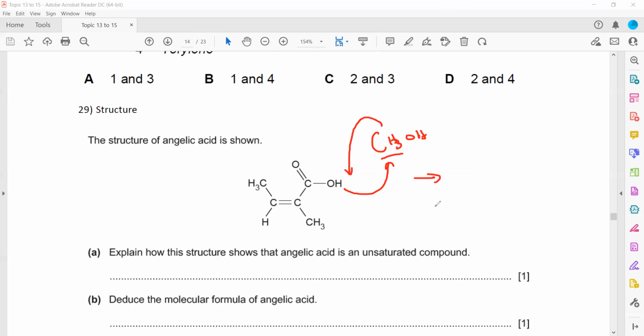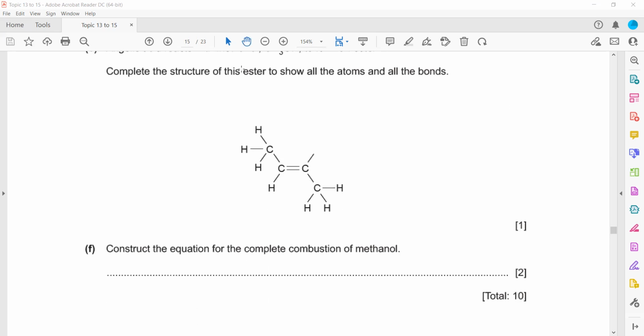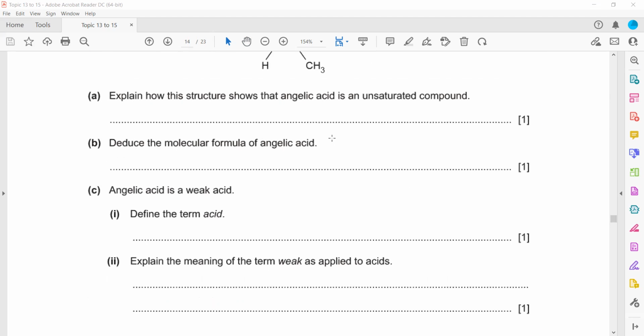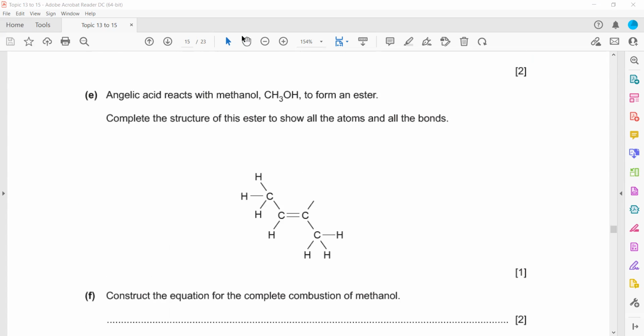So we complete the structure. This one is C double bonded with O, and in place of H there is CH3. So this is the structure.